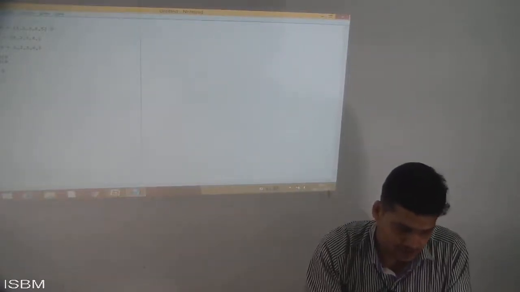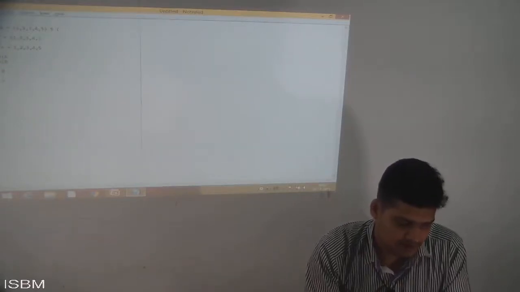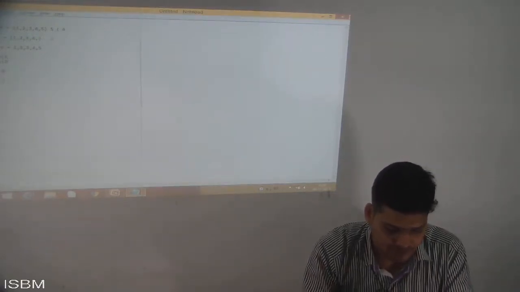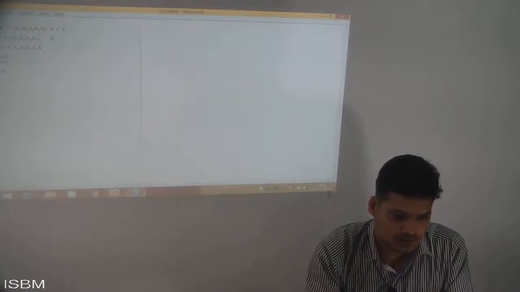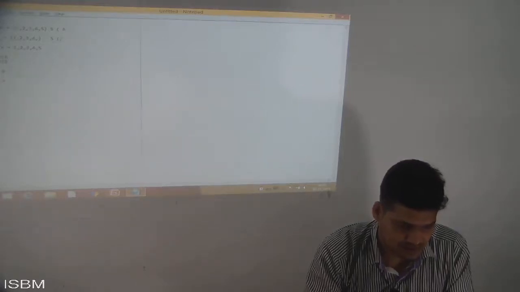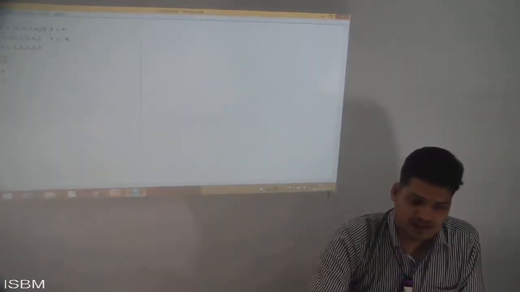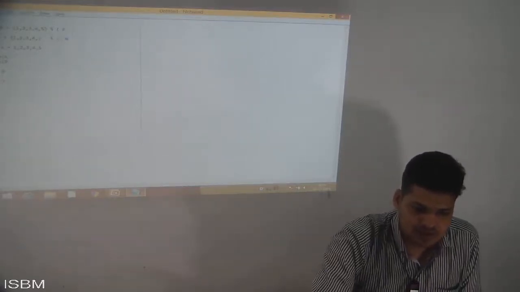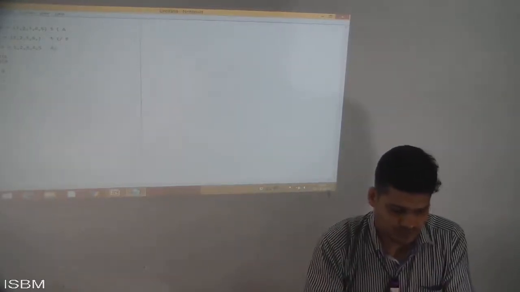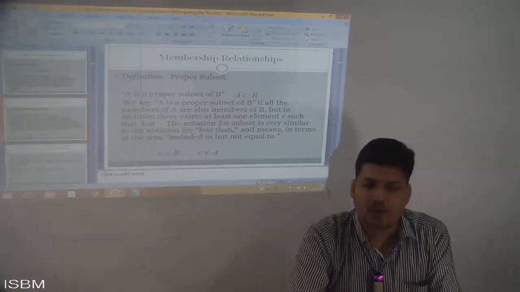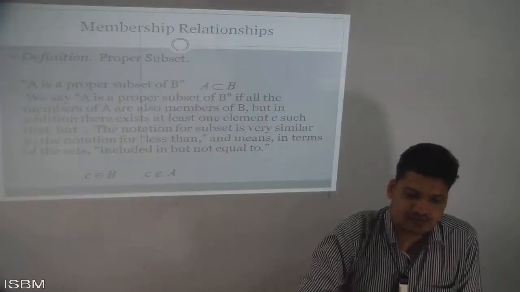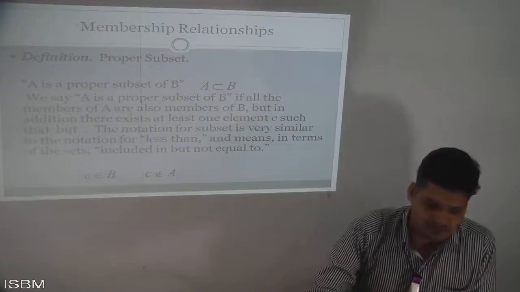Here I can say that 5 belongs to A, but at the same time 5 does not belong to B. I will cut it like this. So 5 belongs to A but 5 does not belong to B. So here we denote that A is the proper subset of B, like this.